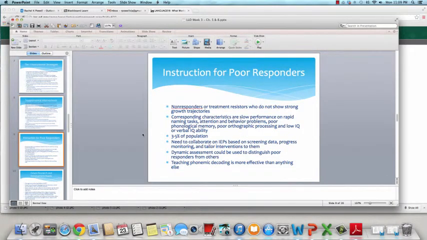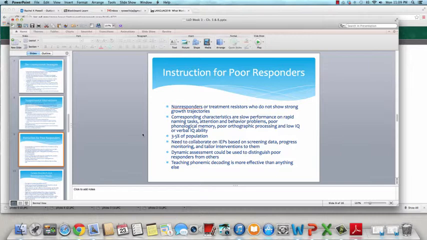All right. So what about our instruction for poor responders? These are the kids who don't respond to anything. The non-responders are the treatment resistors who don't show strong growth trajectories. They're your most severe kids, your special education children who have severe significant reading disabilities. Their corresponding characteristics to poor performance are slow performance on rapid naming tasks.